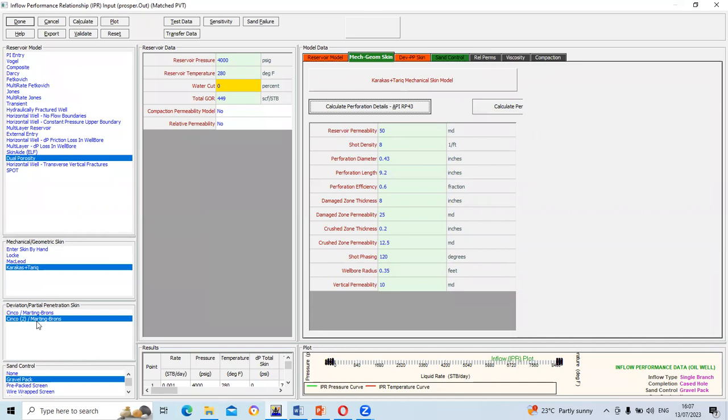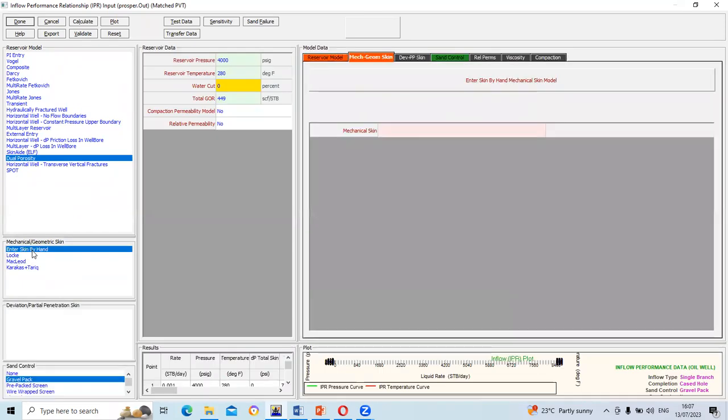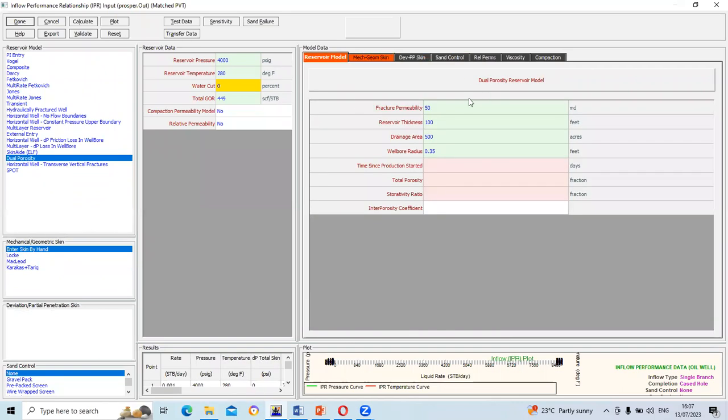All right. So maybe we could just make this one simple. Maybe we say no gravel pack. We already developed all of these for mechanical skin, for deviation skin, and for sand control. So we'll just leave it none for now.